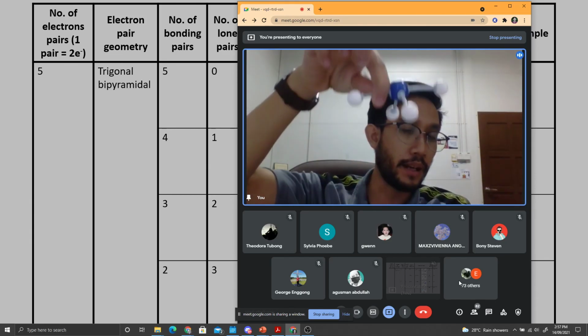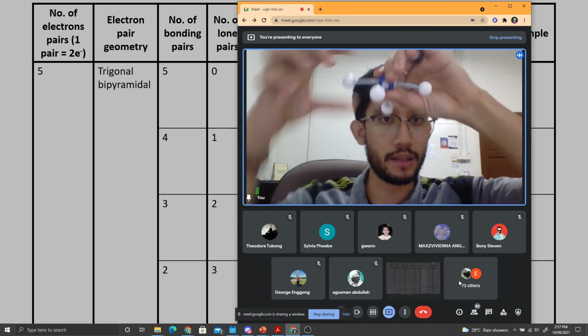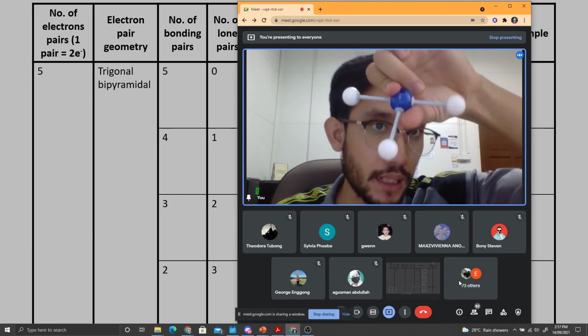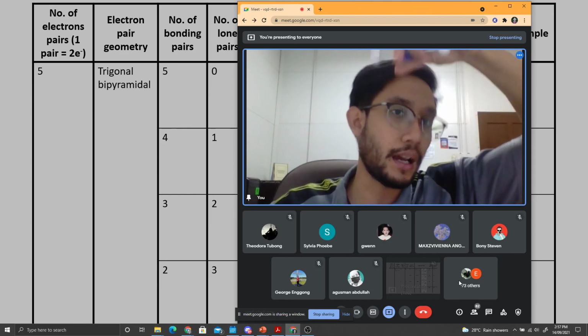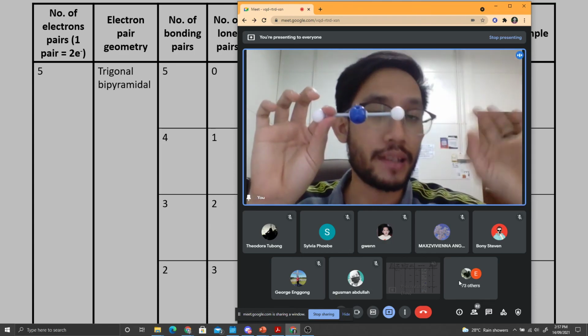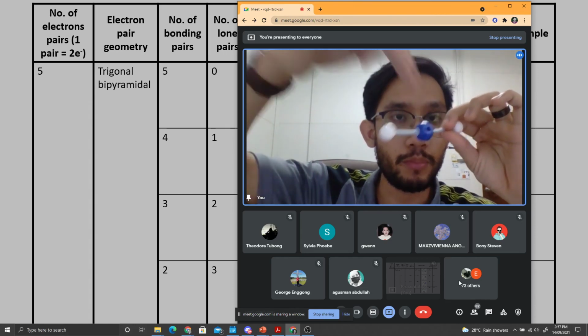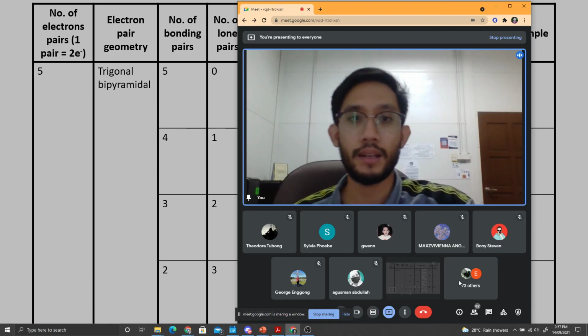But now when we remove another one and replace it with lone pairs, it is a T-shape, because it looks like a T. And when we remove another one, it is linear. It is linear even though there are two lone pairs here. But always remember we ignore the lone pairs, right?